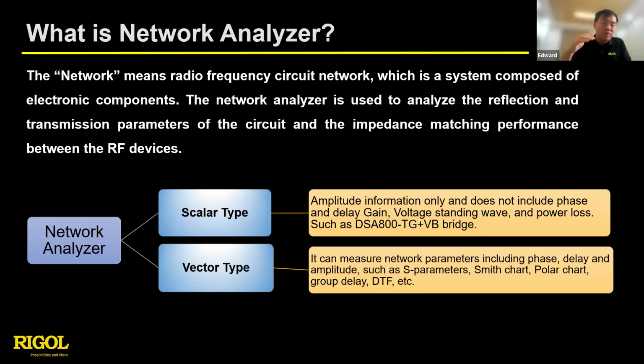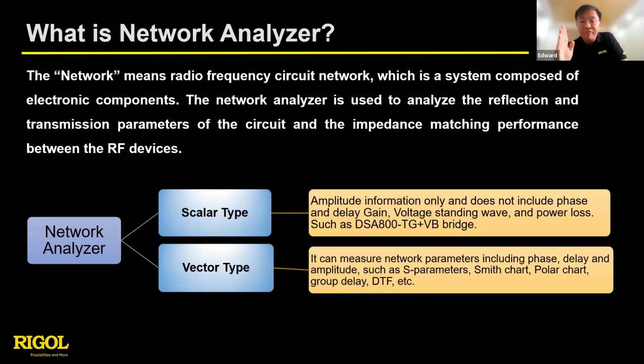So we can separate the network analyzers into two types. One is the scalar type, and the other one is the vector type. For example, if we use a scalar type network analyzer, it analyzes the power or voltages just by the magnitude, the scalar parameters, inside the instrument.